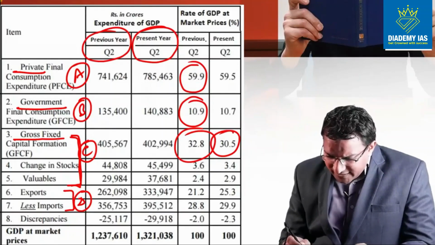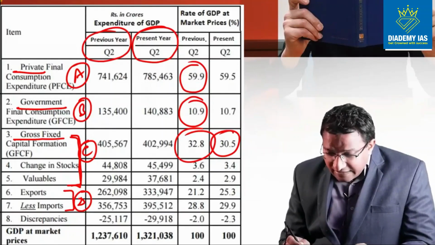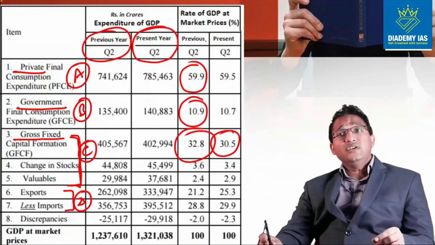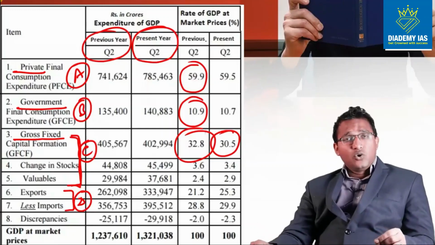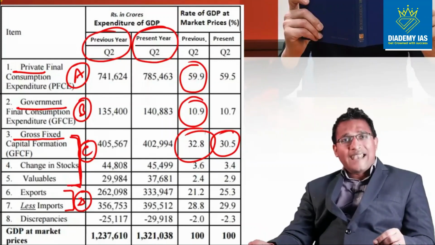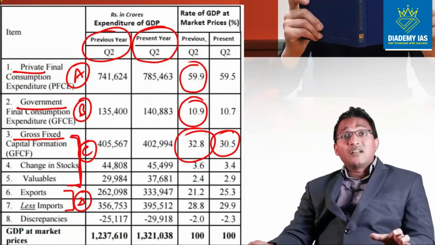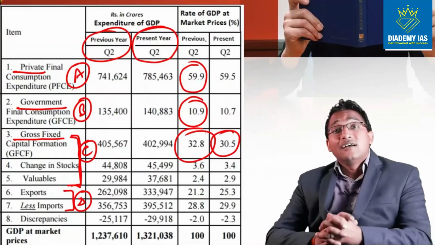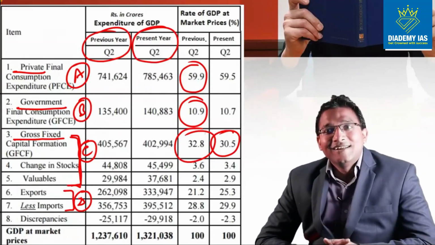If we see net exports, it is actually negative, right? Net exports are actually negative. So our growth is not export led growth. We are under the burden of import led consumption actually, right?